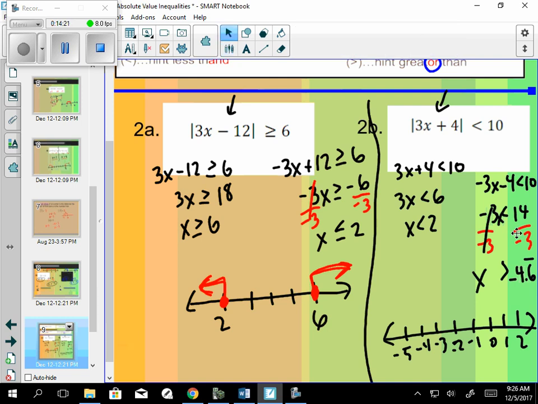Okay, so the first part saying less than 2, that'd be an open circle. Less than points are going that way. x is greater than -4.6. You got to estimate a little bit. -4.6 is going to be right about there. And that's greater than, so that's going to be going that way. It's everything in between.